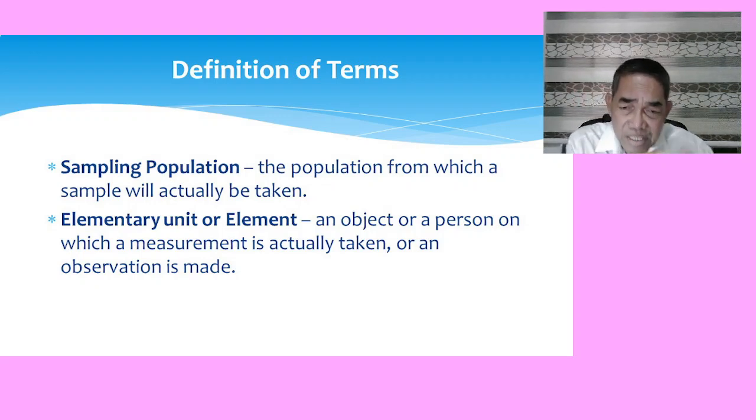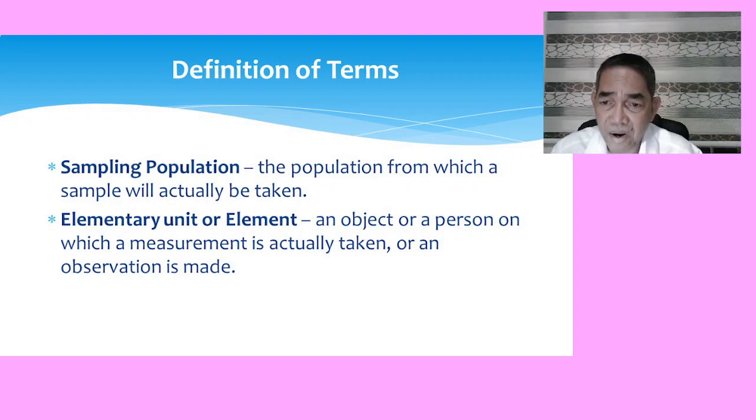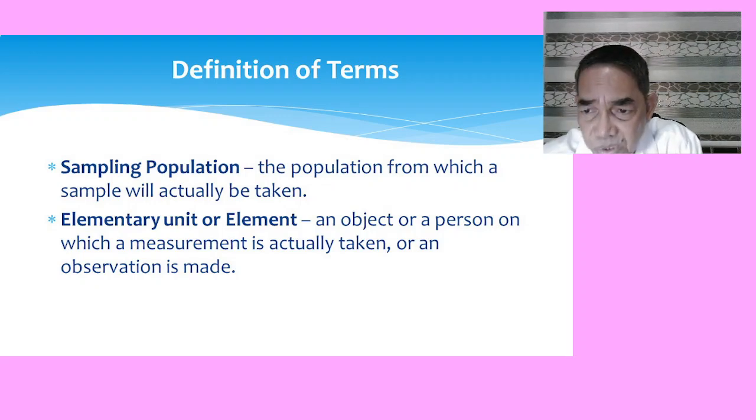Now, if an individual student A, for example, from FEU gets to be a sample, that student is an element or an elementary unit. And then again, the target population will be the medical students in Metro Manila.